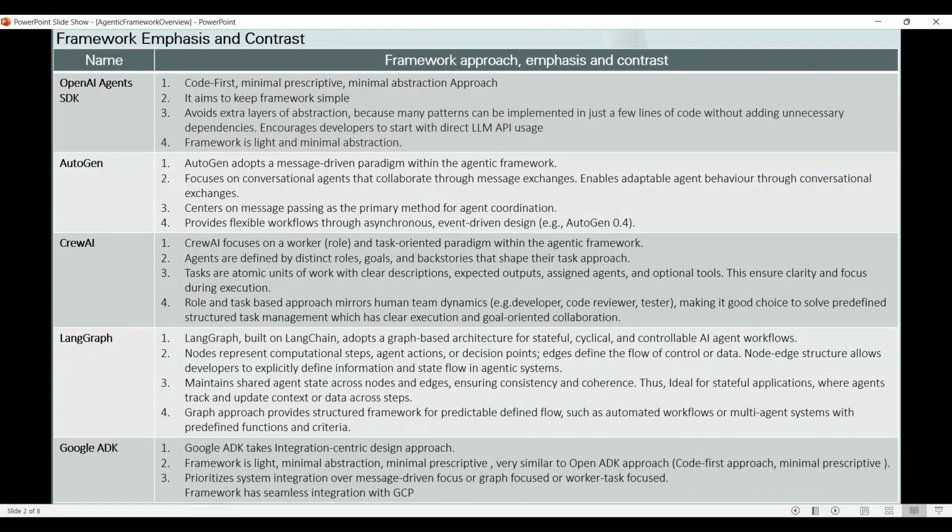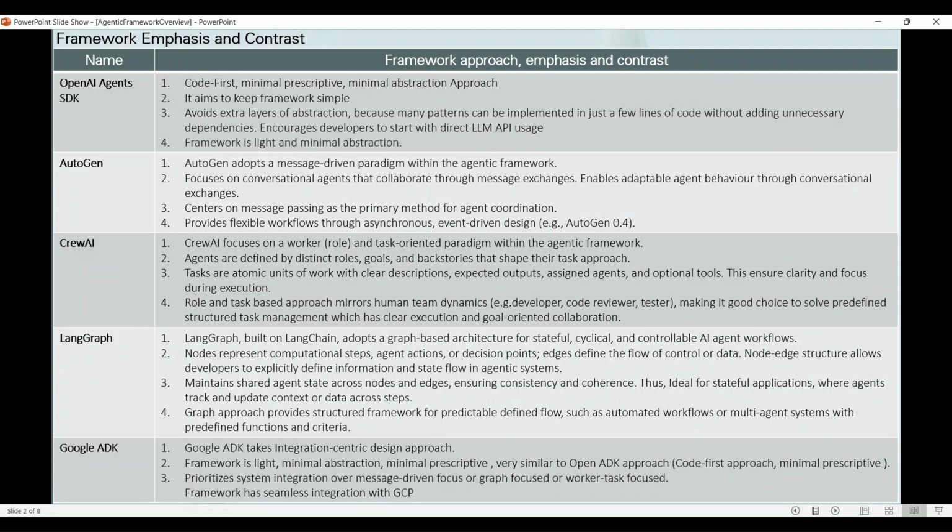Although code first might sound counterintuitive since we are used to hearing terms like no code, in this case, code first and minimal abstraction is saying that do not complicate or use heavy abstraction if it is not really needed.